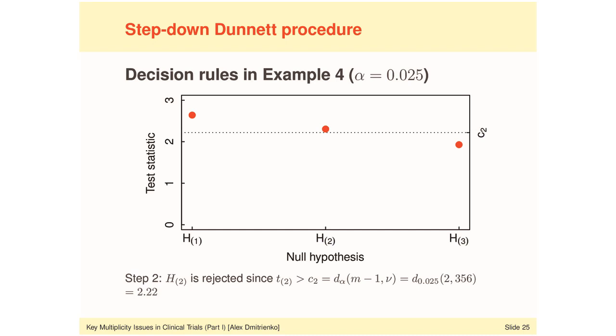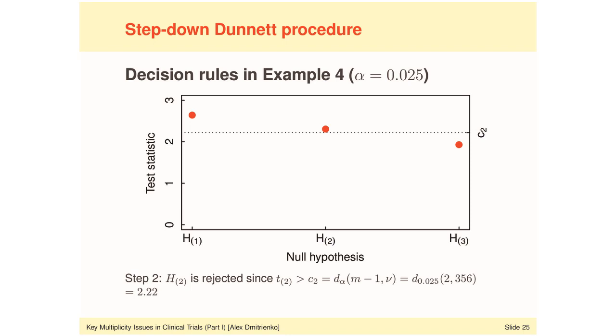In step 2, a lower critical value is used, and to understand why this happens, recall that one hypothesis has already been rejected. That happened in step 1, and therefore we pretend here that there are only 2 hypotheses left in this problem. When we compute the adjusted critical value for the second hypothesis in the sequence, denoted by C2, and we apply the Dunnett critical value, the number of comparisons is set to 2 instead of 3, and the resulting critical value, denoted by C2, is equal to 2.22.